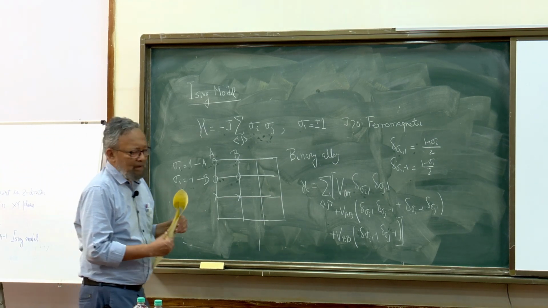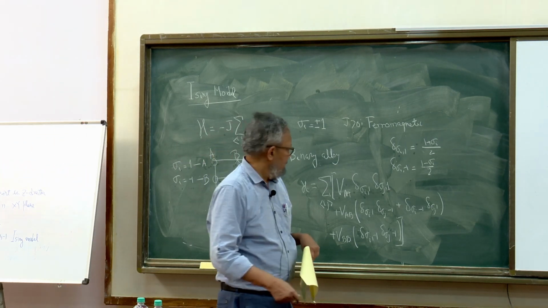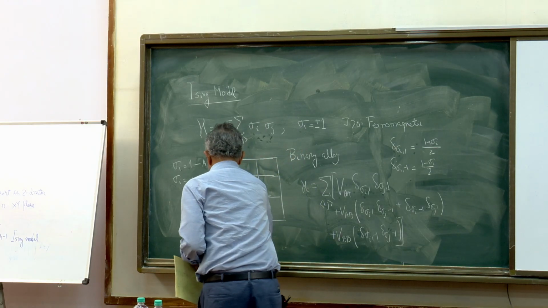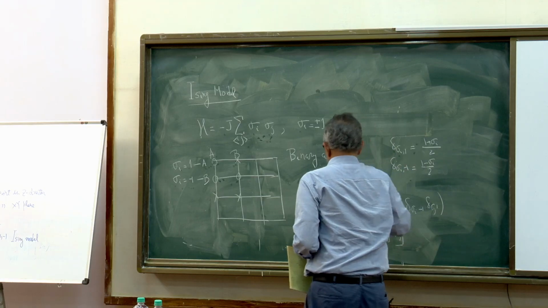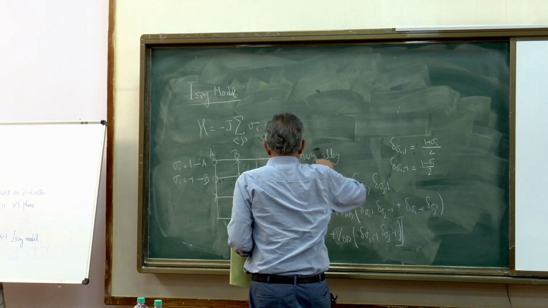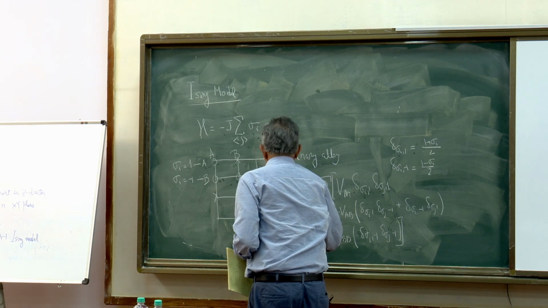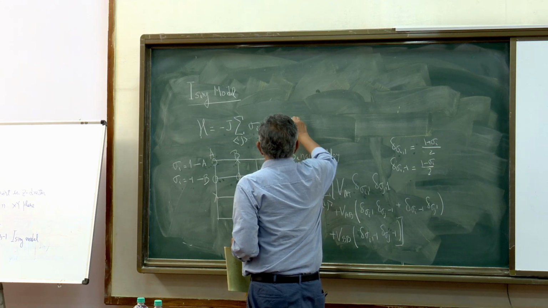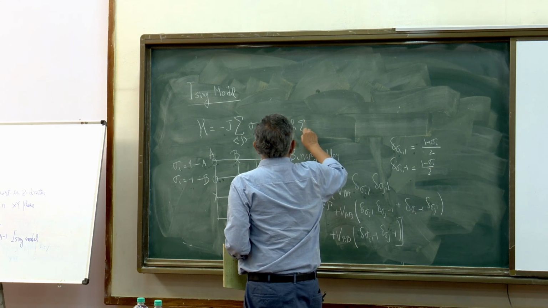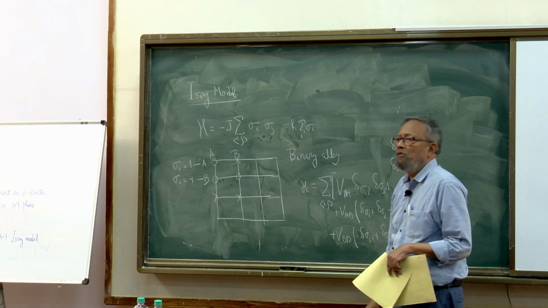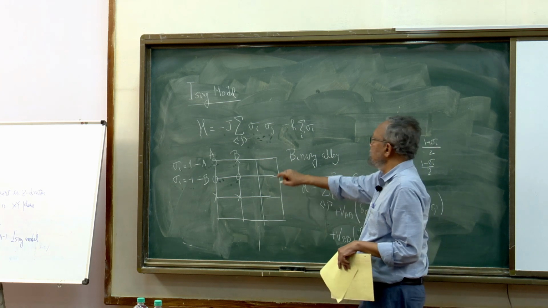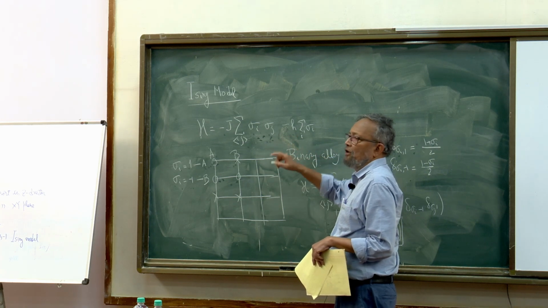So in general, if I write the more general Hamiltonian, which has minus h sum over i of sigma_i, this is the general Hamiltonian for the Ising model. There is the interaction term, and then there is the external field term that we have looked at earlier.